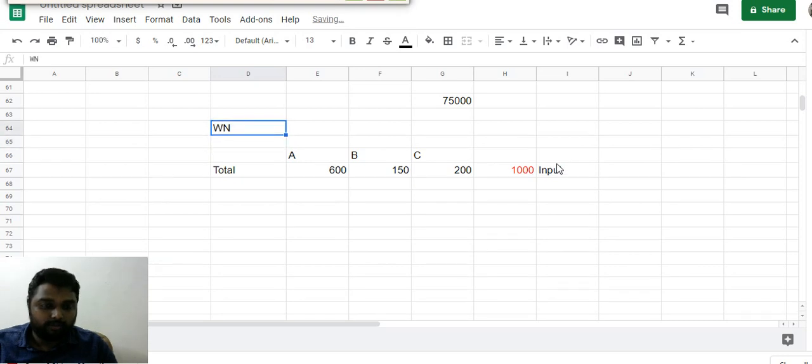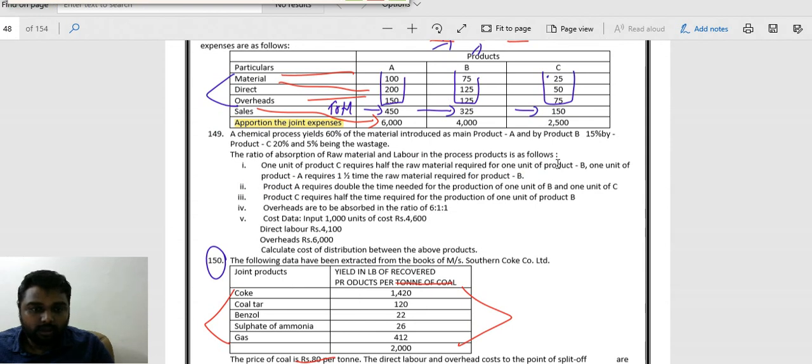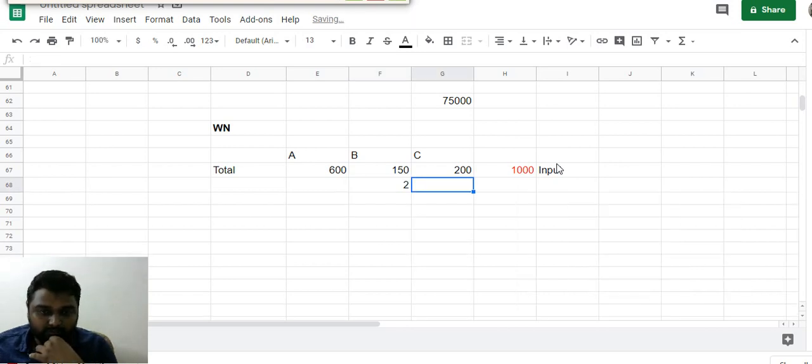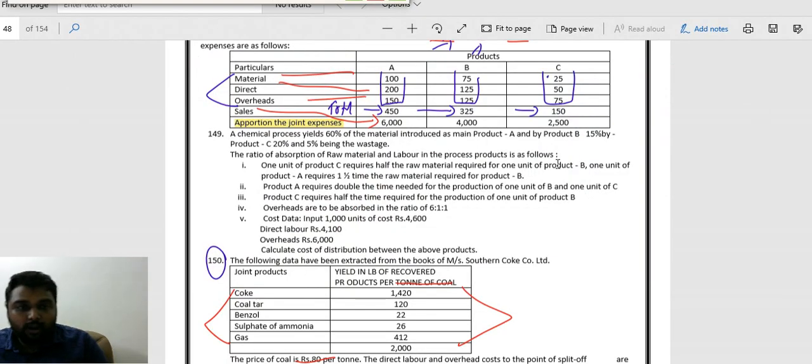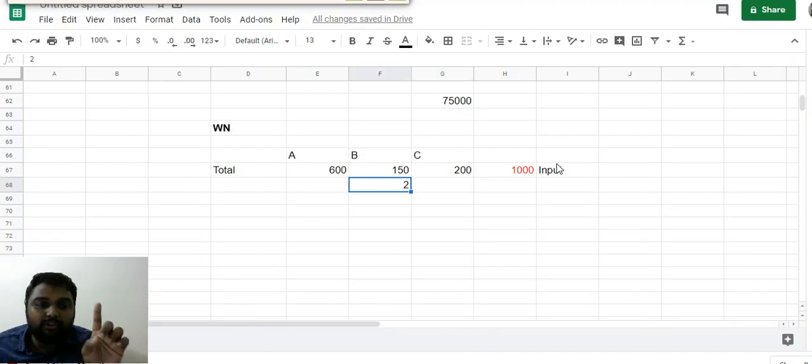What does it tell in this case? 1 unit of C requires half the raw material required for 1 unit of B. So let's say B we make as 2.